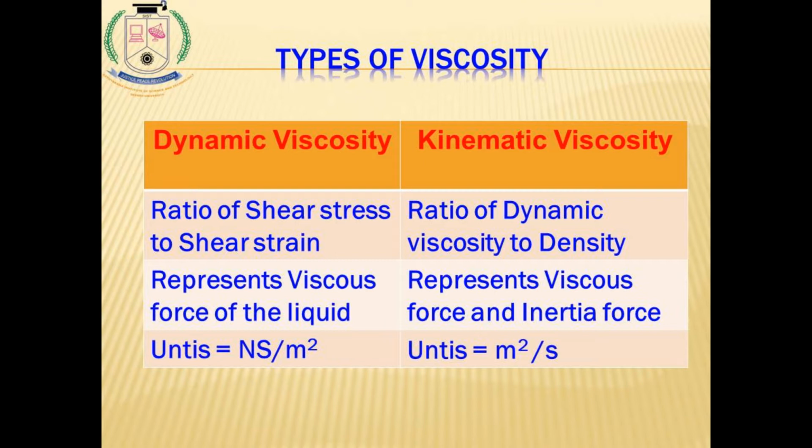Kinematic viscosity is the ratio between dynamic viscosity and the density. We can determine the viscosity in two ways: by using a rheometer or a viscometer. At present, we are going to find the molecular weight by using the viscometer method.